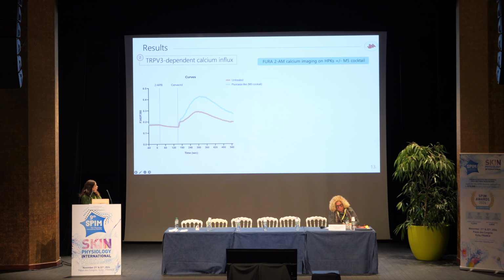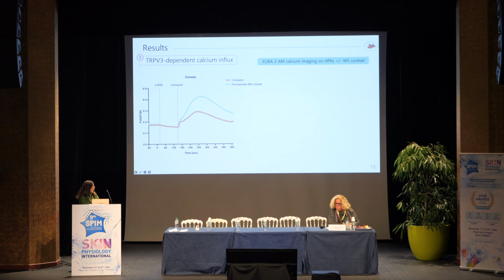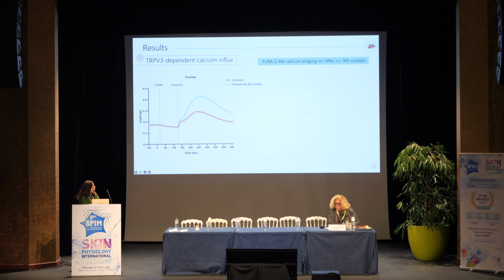So with that, we stimulated keratinocytes with TRPV3 agonists, and following TRPV3 stimulation, you can see that the TRPV3-dependent calcium influx seems more intense in keratinocytes that were cultivated under psoriasis-like conditions compared to untreated keratinocytes.